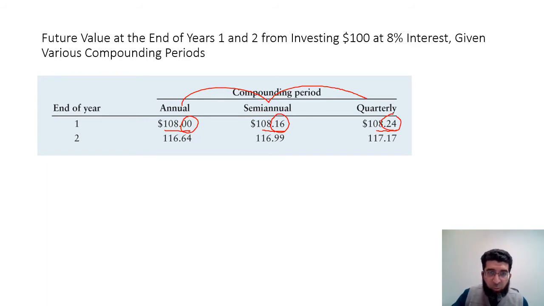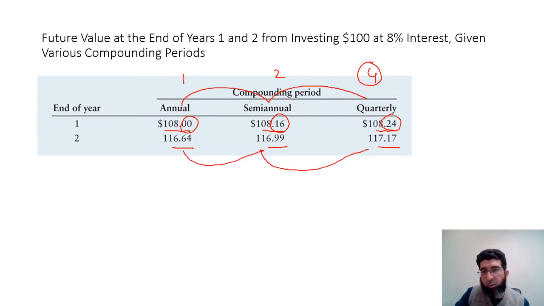This is 1, this is 2, and this is 4 periods. As the number of periods increases, the number of interest-on-interest increases, and hence you have a higher value. Similarly, for 2 years it is 116.64, 116.99, and 117.17, also increasing with the increase in compounding periods.